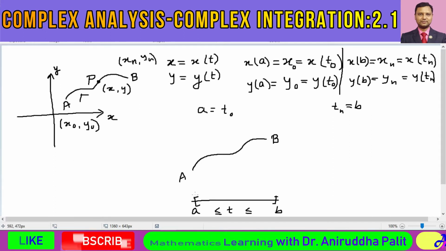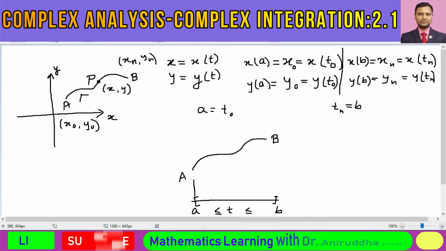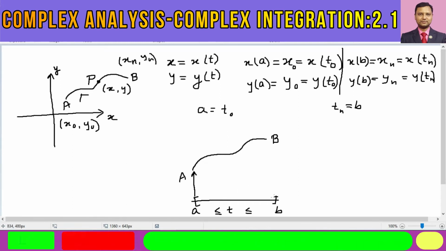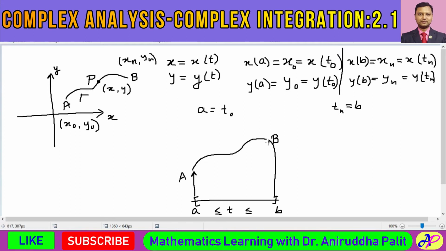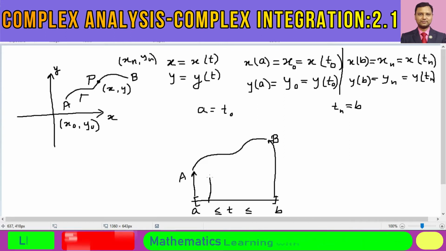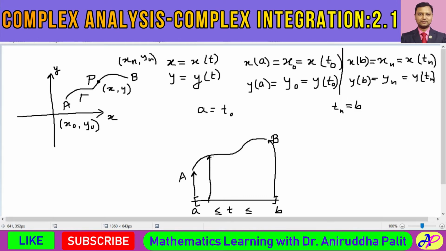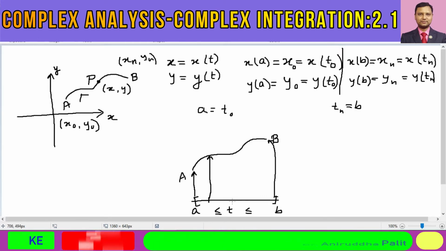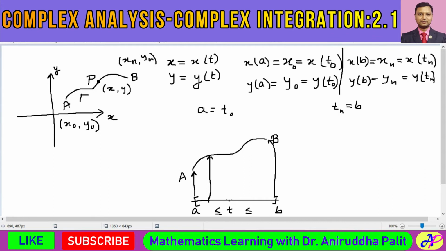So t is equal to a is related with this initial point. t is equal to b is related with this final terminal point. And for each and every such choice of value t, we will get a certain intermediate point, like this.